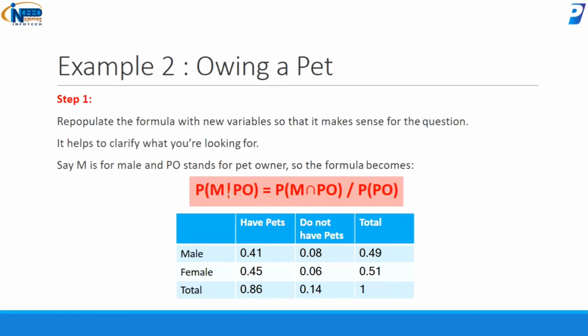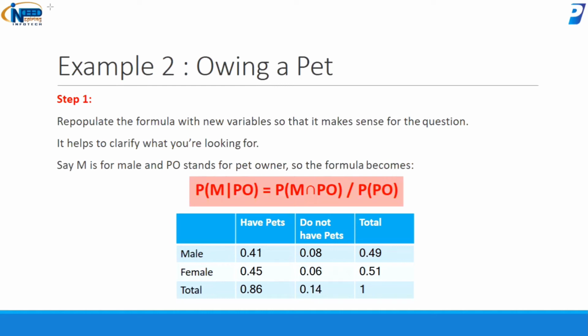The probability that a man will be there, given that he is a pet owner, is equal to the probability of man intersection pet owners divided by the probability of pet owners. This is the formula which is derived.